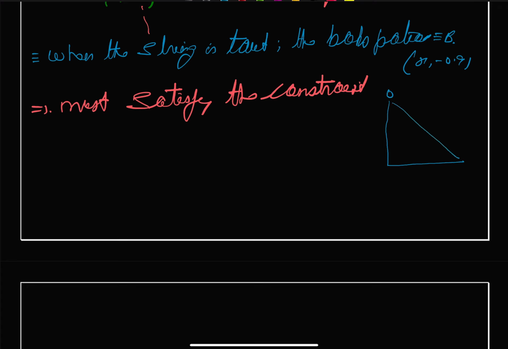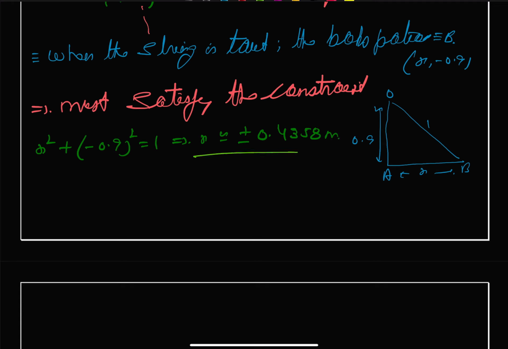This is point O, this is A, and this is B; this we know is 0.9, this is 1, and this we called x. So it should satisfy the constraint x squared plus 0.9 whole squared should be equal to 1. From here we can say that x will be approximately equal to plus or minus 0.4358 meters.